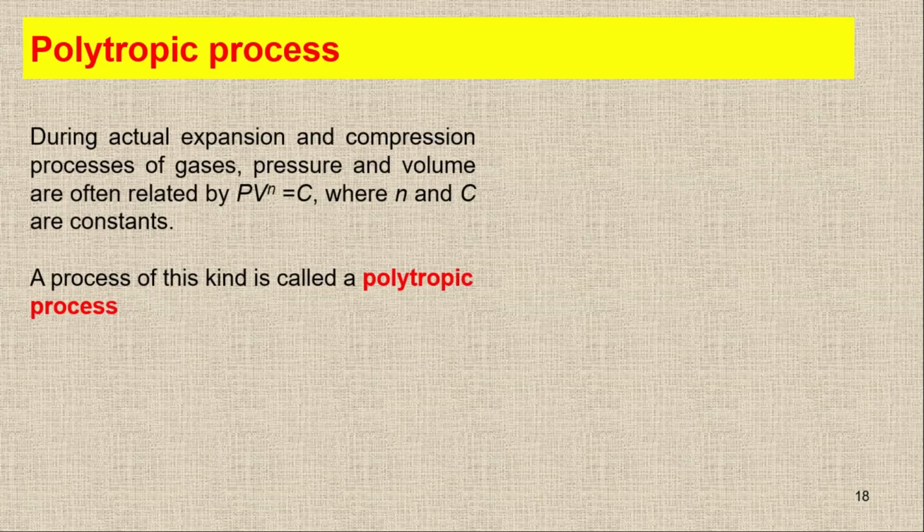It is not necessary that the processes are constant volume, constant temperature, or constant pressure processes. Rather, in real life or during actual expansion or compression processes of gases, the pressure and the volume are often related by PV^n equal to a constant value C. Whenever a process obeys PV^n equal to a constant, it is called a polytropic process.